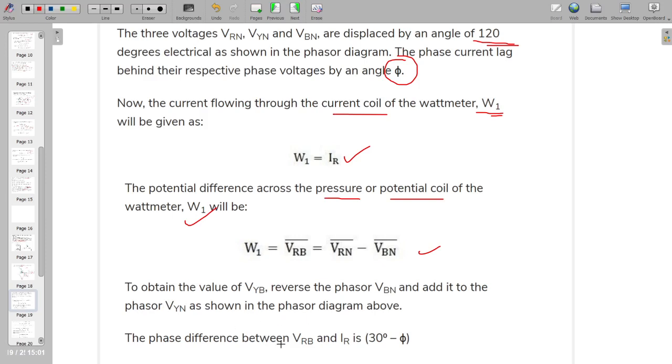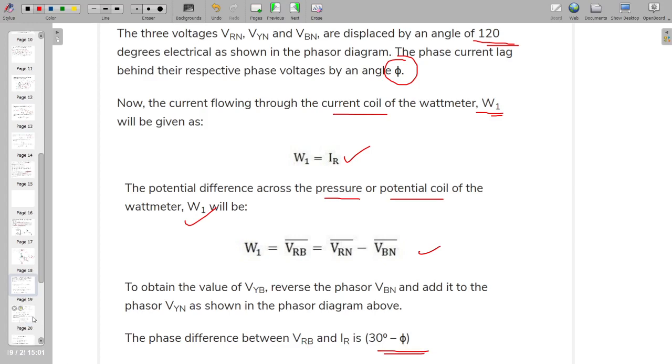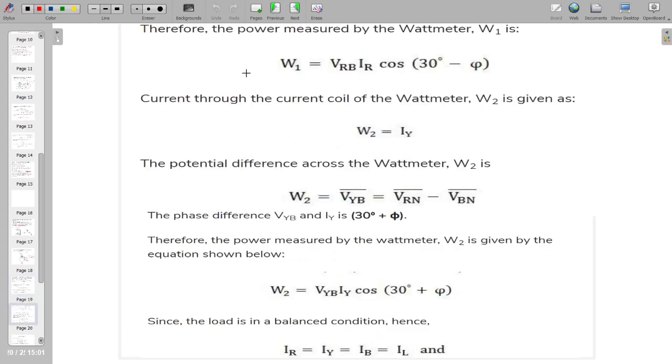Clearly, the phase difference between VRB and IR is 30 minus phi degrees. Therefore the power measured by the first wattmeter, from the voltage, current and the angle between them, is W1 equal to VRB into IR into cos(30 minus phi).